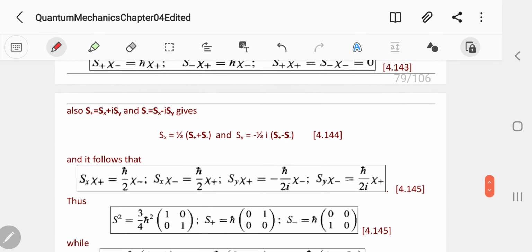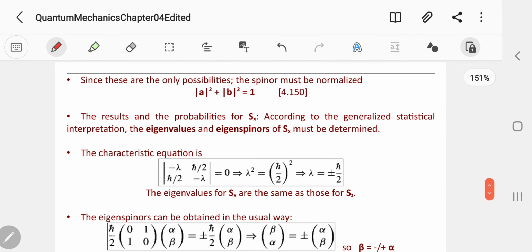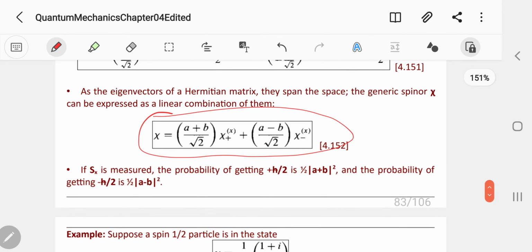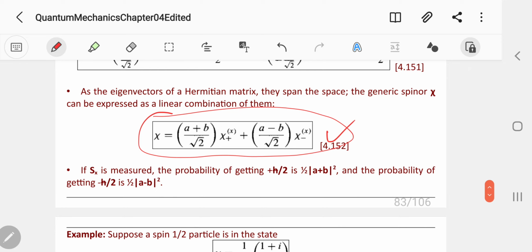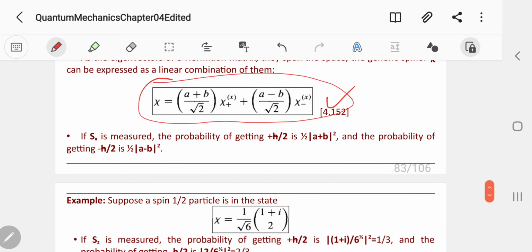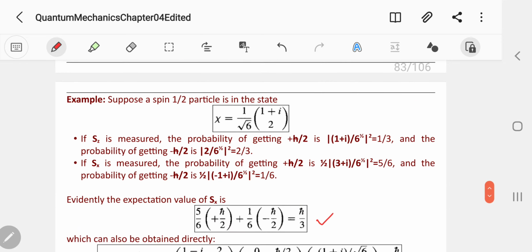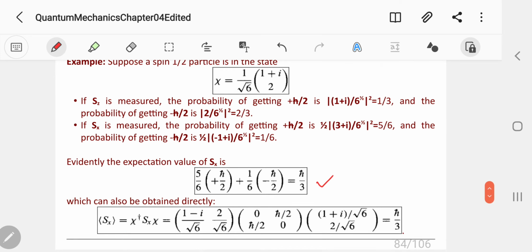And for the Sx you have this one. Of course the Sy would also be different. So Sx would be this one and this one, and your Sz would be this one and this one.